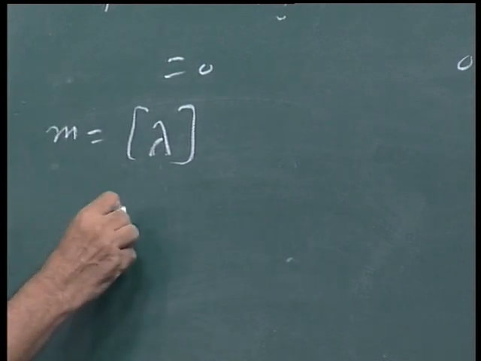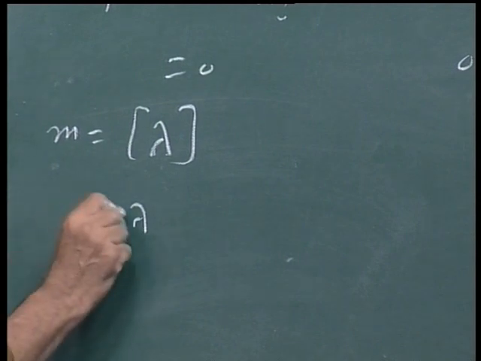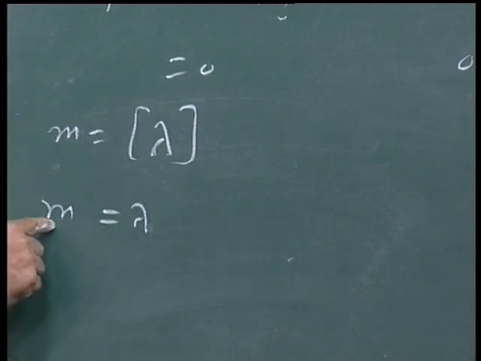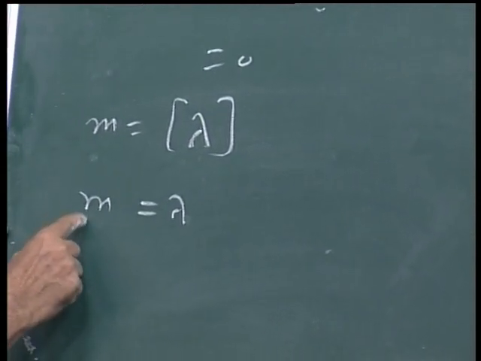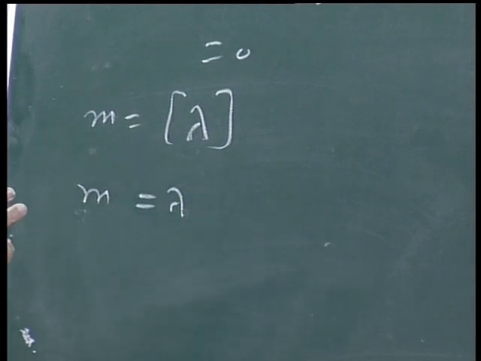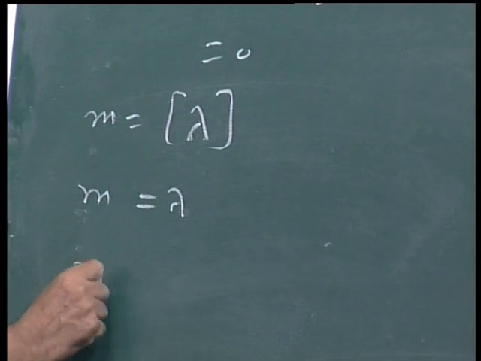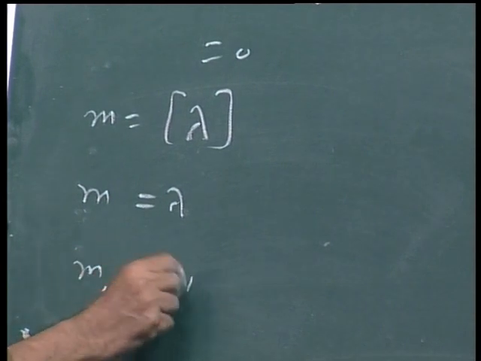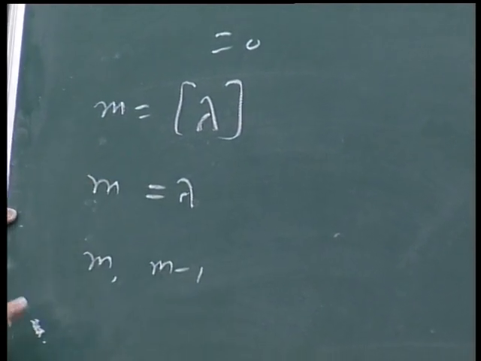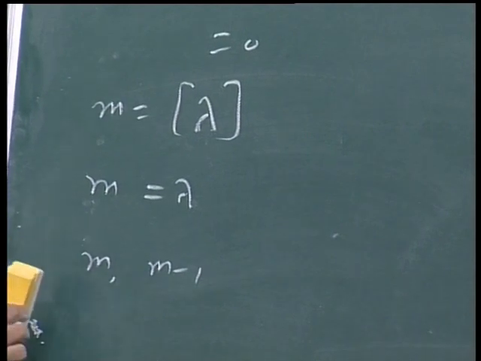If lambda is an exact integer, then also you call lambda equal to m, and in that case there will be two mode values. So the distribution will be bimodal. Again m means lambda, and lambda minus 1 means m minus 1 will be the two different mode values.